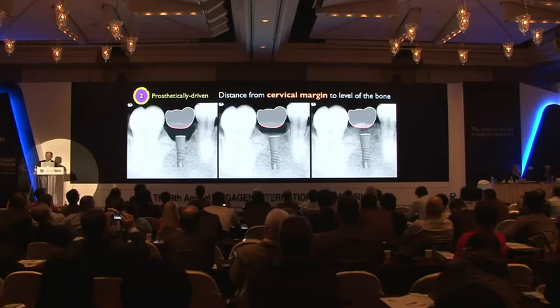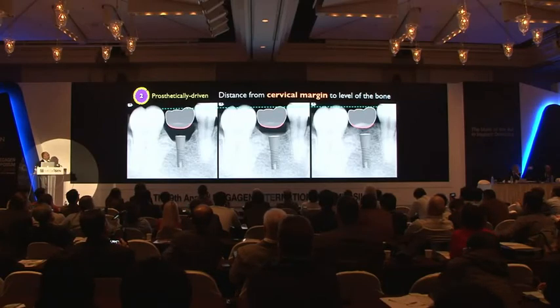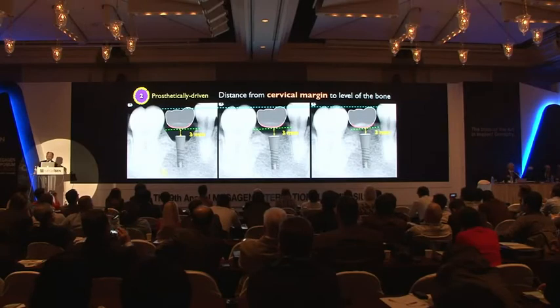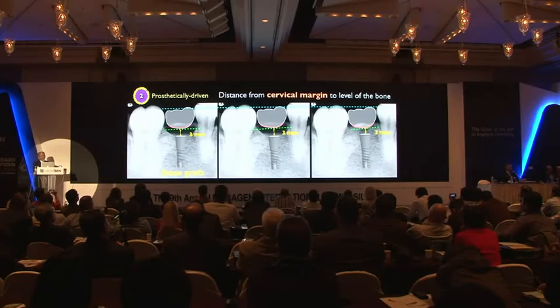And then, in order to produce an ideal prosthesis in the first case, what you need to do is put in a bone graft. But in the last case, you probably need to reduce the bone.